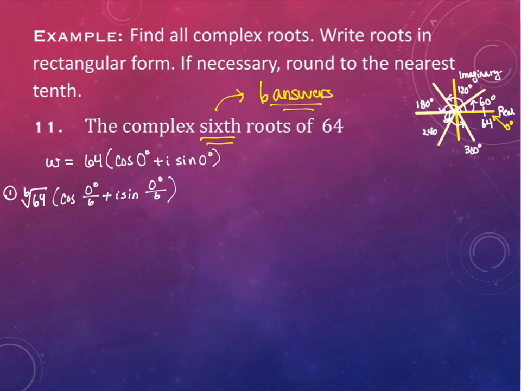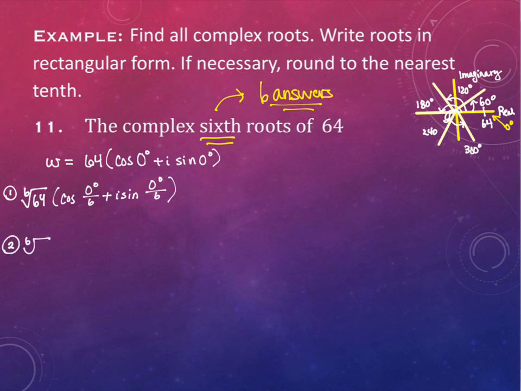That's the process. I realize 0 divided by 6 is 0, but I'm putting it in really detailed form because it's not always going to start at 0. If this had started at 30 degrees, I want you to realize that's where you need to start. Okay? So I'm going to skip some space. We'll come back and simplify this in a moment.